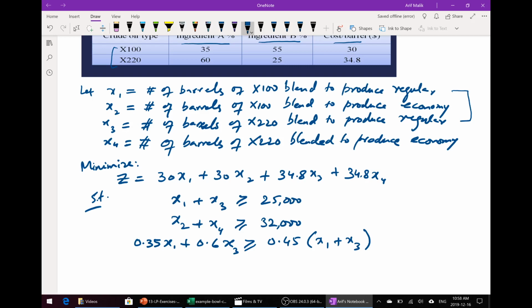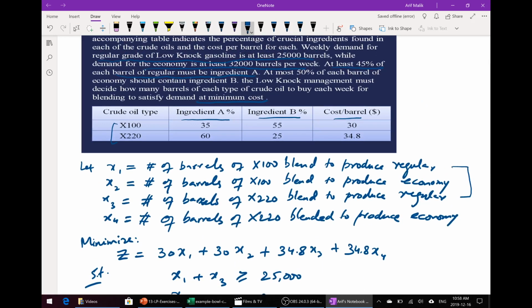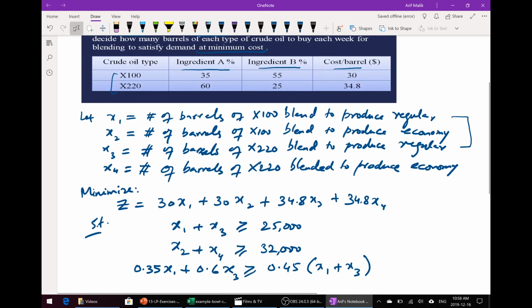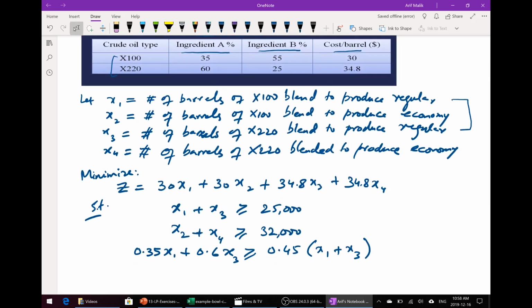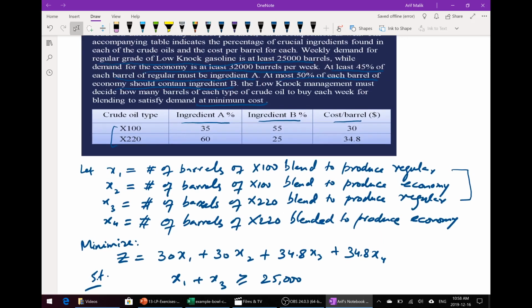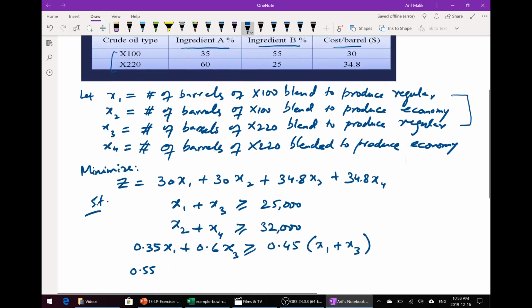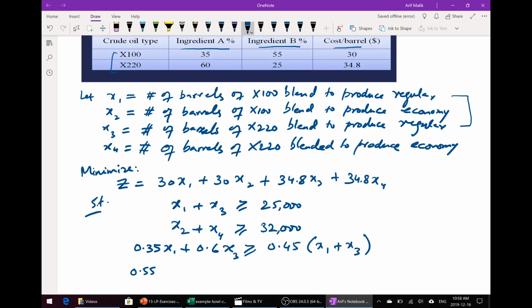And then another constraint is at most 50% of each barrel of economy should contain ingredient B. The ingredient B is 0.55, okay, which is asking about the economy. So economy we see over here is X2 and X4. Alright.